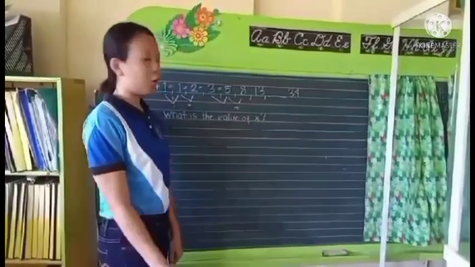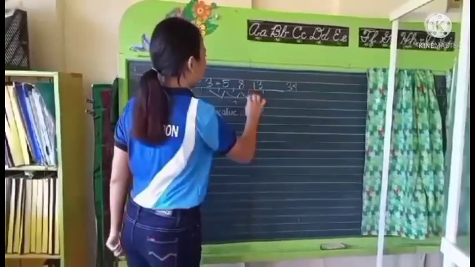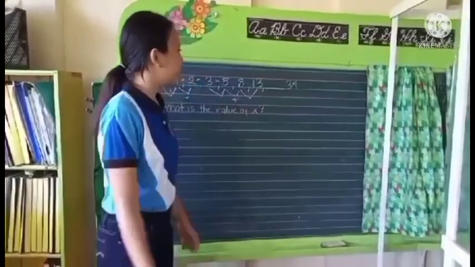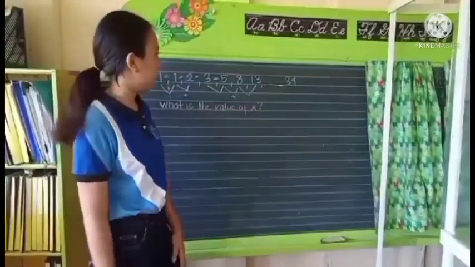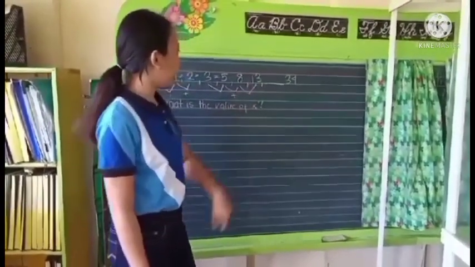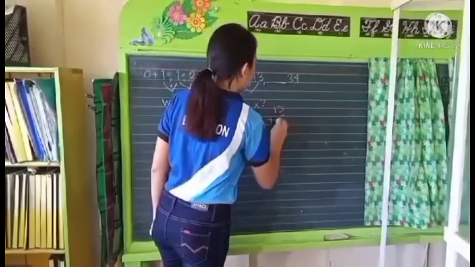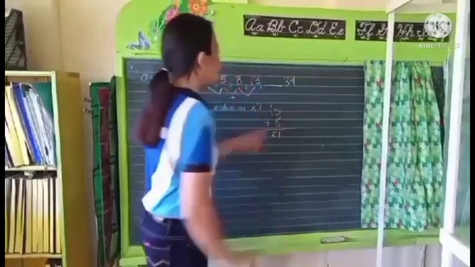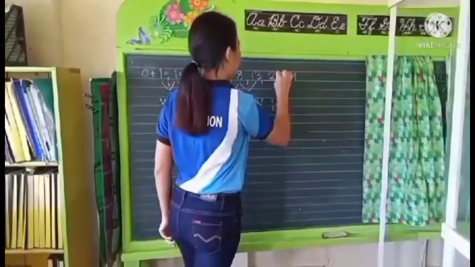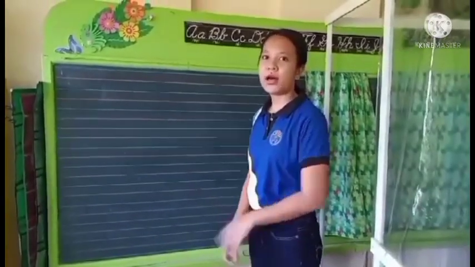And now, let's move on. 8 plus 5 is equals to 13. Now, what is the value of x? 13 plus 8 is 21.